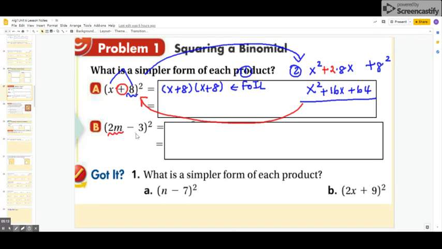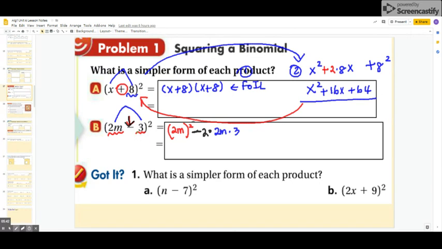We have 2m and 3, and the middle sign, the operation, is subtraction. So I'm going to do the same thing. I'm going to square the entire first term, and I'm going to multiply these two terms, which is 2m times 3, and you're going to double it, and then you subtract it because we have subtraction here.